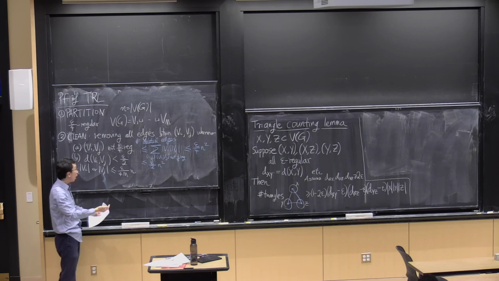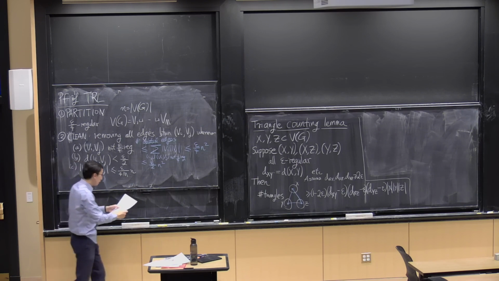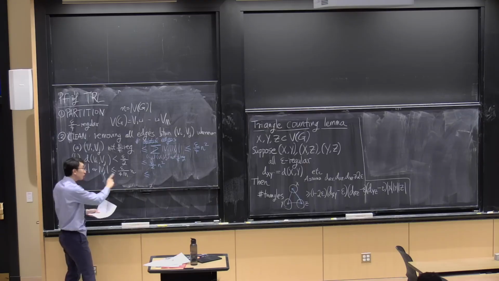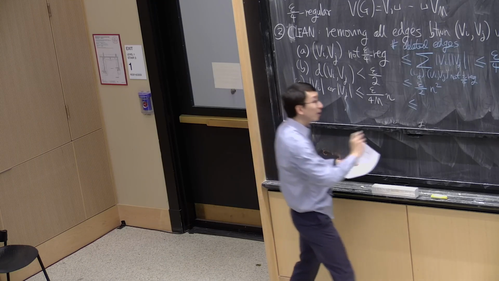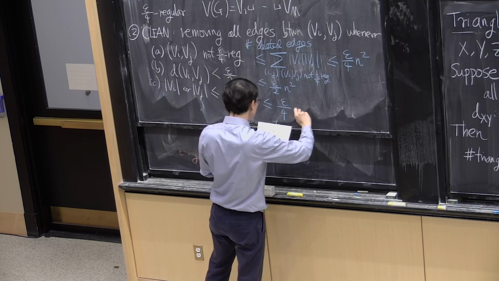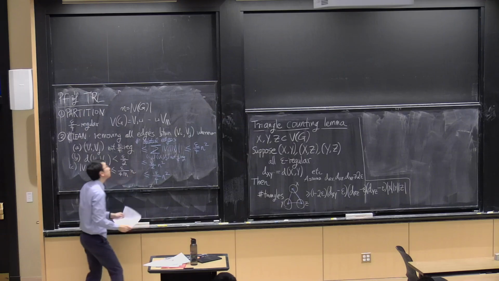So the number of edges I'm getting rid of in the last step is at most this number times the number of parts, m, times n. So it's at most epsilon over 4 times n squared.